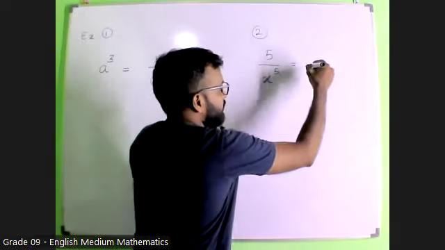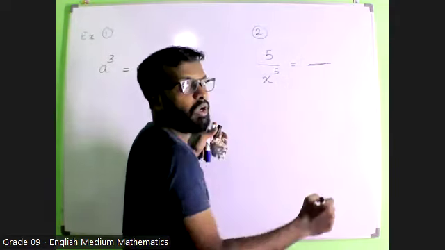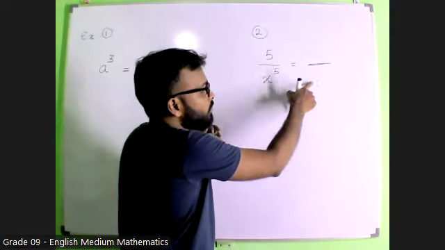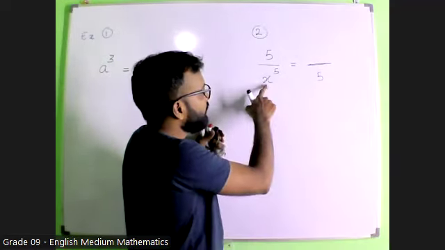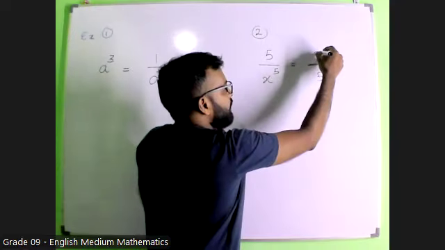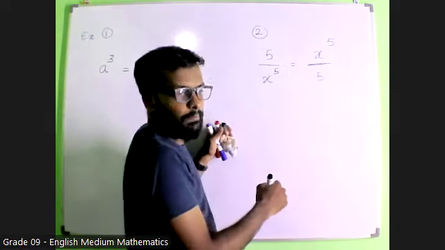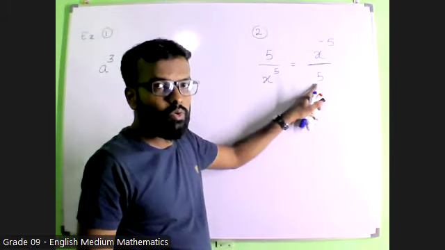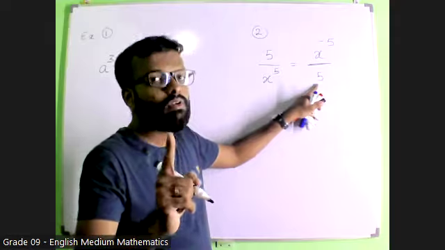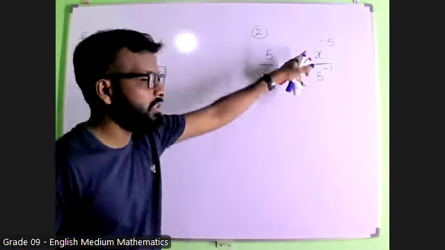As you said, you are correct. I was going to trick you. So 5 comes to the denominator, the x comes to the numerator, and the powers change into negative. What is the power of the 5? It is 1, but it becomes negative 1. Yes, excellent. So this is the answer.